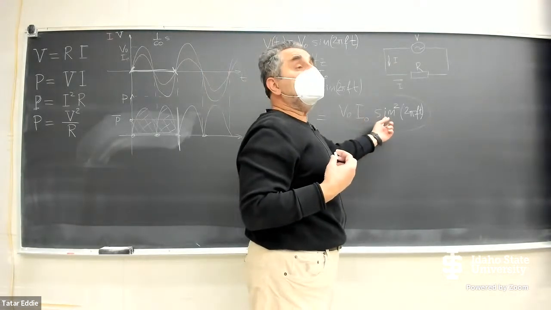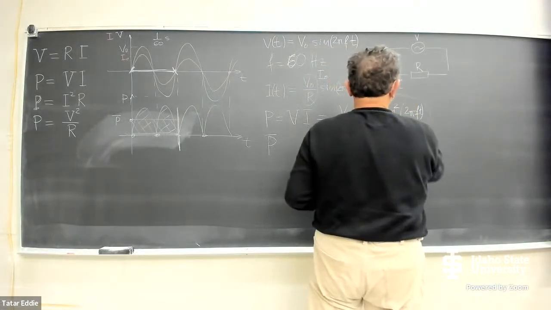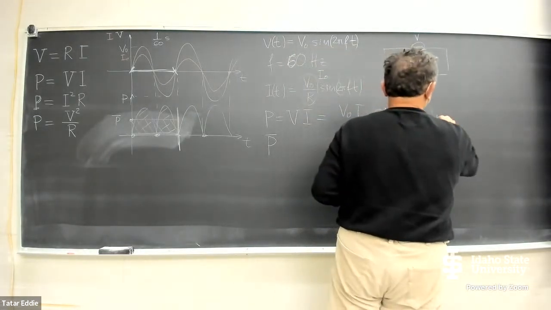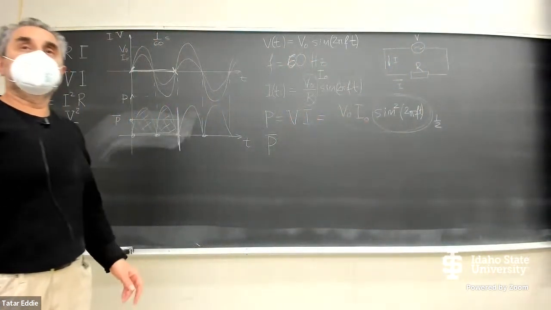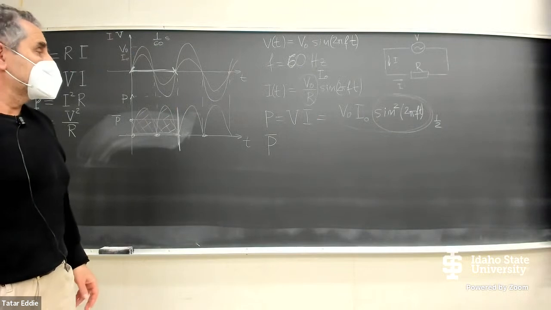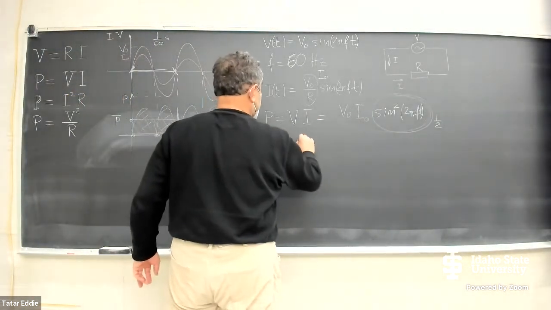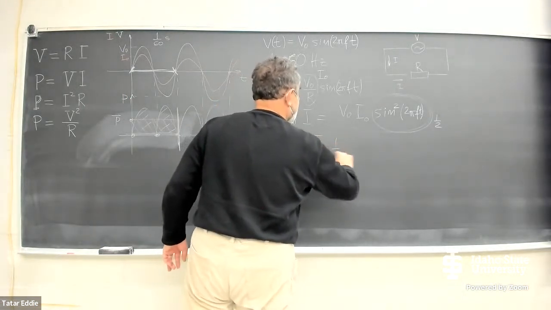Average of sine squared, it can be shown using a little bit of calculus, is exactly equal to 1/2, average over a single period of time. In other words, the average power in that case is going to be V naught times I naught times 1/2.